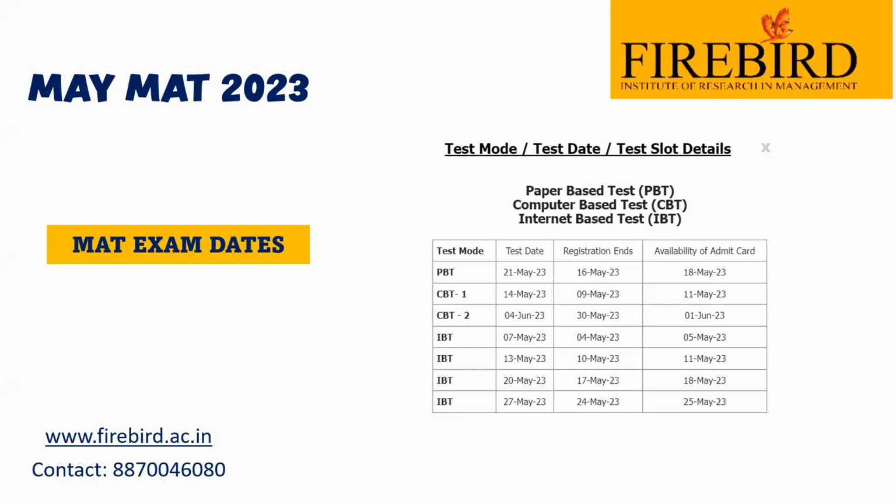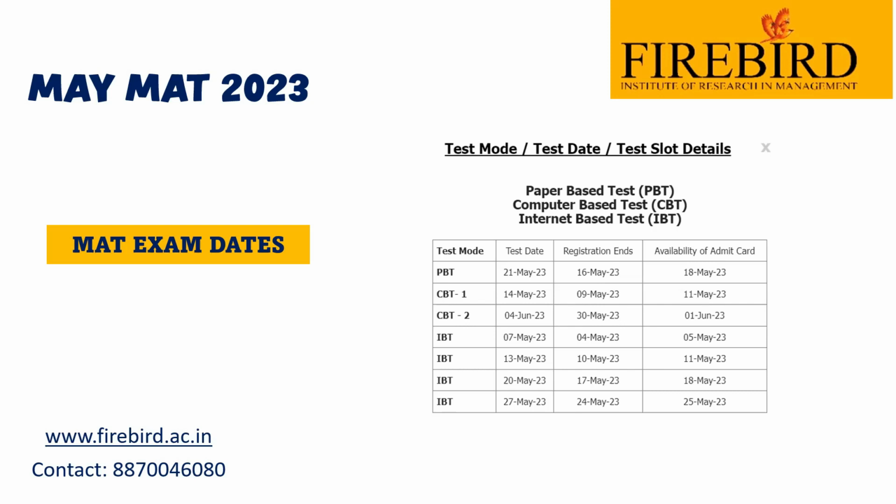The first IBT is to be held on 7th May, the second IBT on 13th May, the third IBT on 20th May, and the fourth IBT on 27th May. Those who want to register for the upcoming MAT 2023 can plan accordingly by checking with your academic schedule.